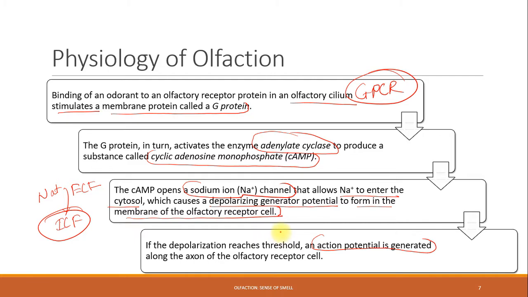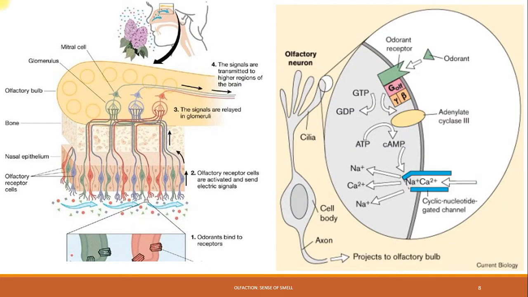This action potential which is generated flows along the axon of the olfactory receptor cell. It is shown in this diagram: this is the cilia of the olfactory receptor cell, and in the cilia we have the odorant receptor, to which the odorant molecule attaches.